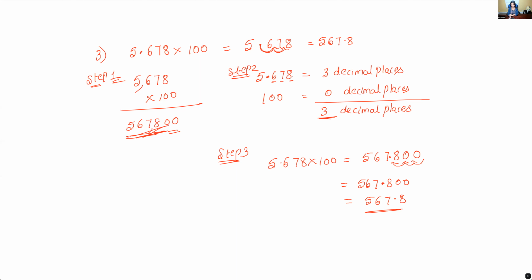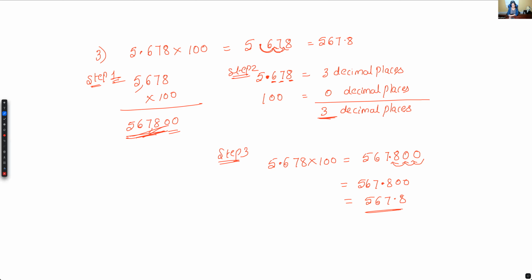And then in 5.678, in step 2, we'll count the number of decimal places. Decimal places is nothing but after the decimal point, how many digits you have. Here we have 3 of them. So you keep 3 decimal places. And in 100, it's a whole number, so we don't have any decimal places. So you're keeping 0 decimal places. Now you add both of them, which is 3 decimal places.